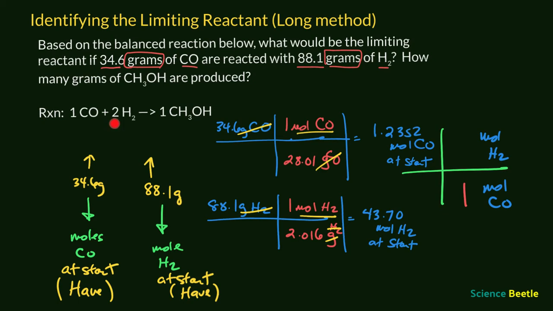Notice here we have 2 moles of H2, so that means we're going to have to put a 2 up top in the numerator. Okay. What we'll do now is cancel. Moles of carbon monoxide cancel. Notice here what we're going to have is moles of hydrogen gas remaining. And so if you do this, you're going to take the 1.2352, multiply that by 2, and you should get the following answer.